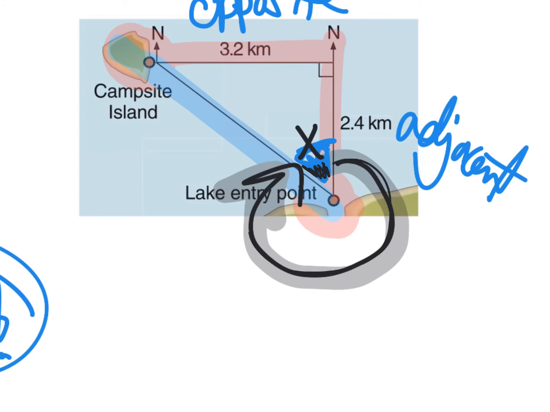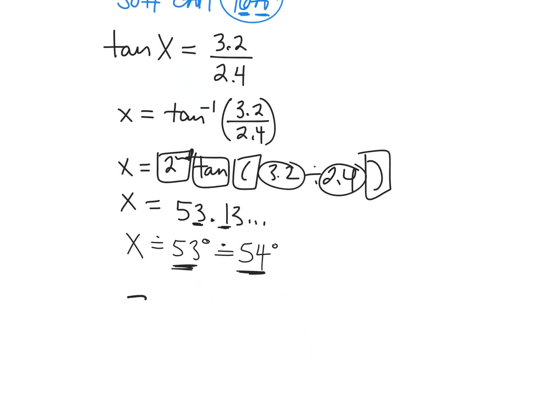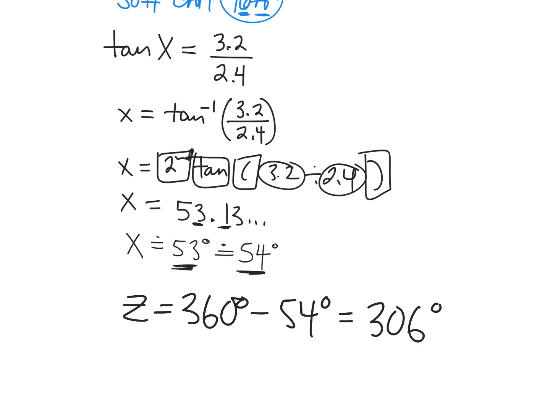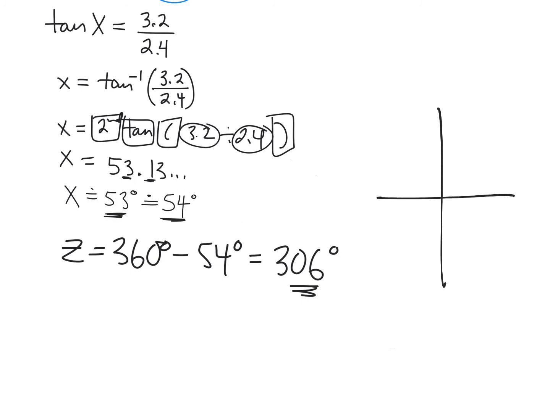So for the external, the complete circle is 360 degrees. So if we call this external Z, then to determine Z, it's going to be 360 degrees for the full circle minus 54 degrees, which leaves us with 306 degrees when we subtract it. So when you're considering orientation, this is north, east, south, west.